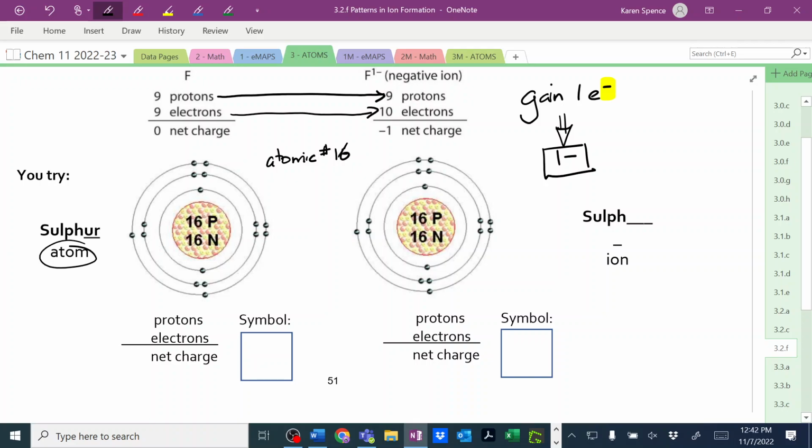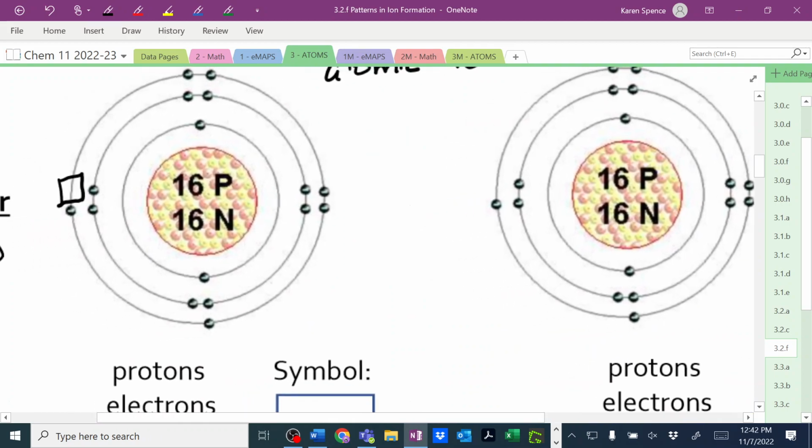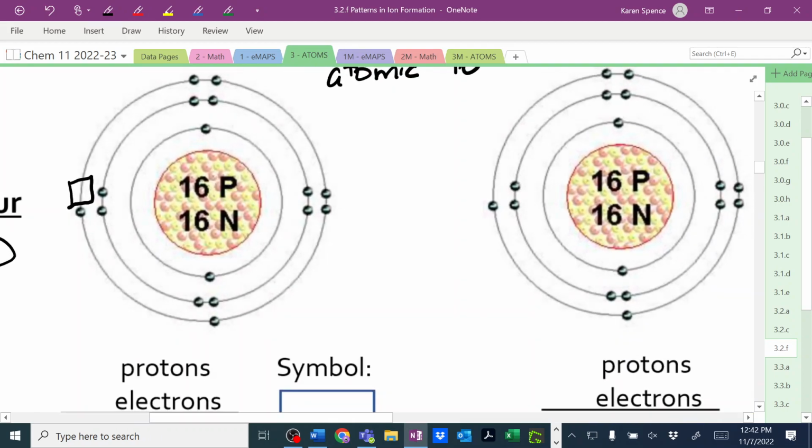Okay. So we've drawn in all of our 16 electrons. And what do you notice about that outer shell? There's a space and there's another space. Yes? Ooh. So what will happen?